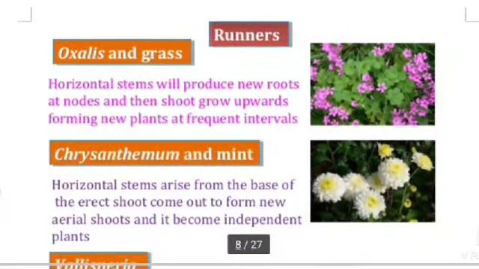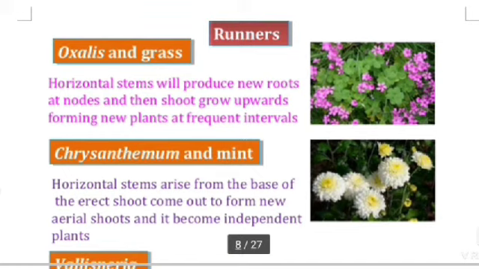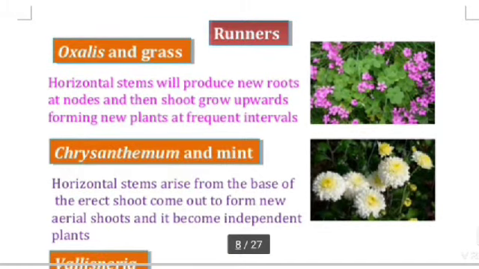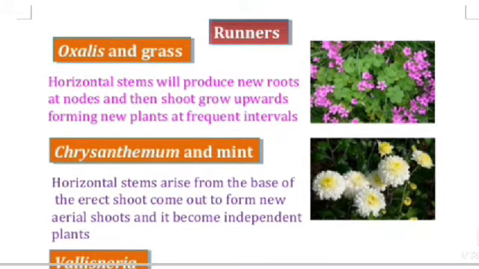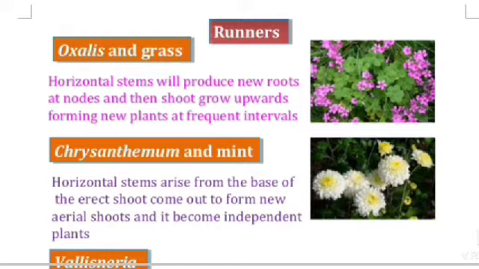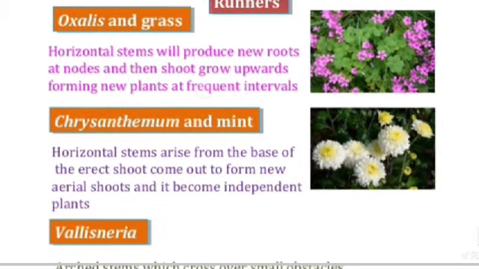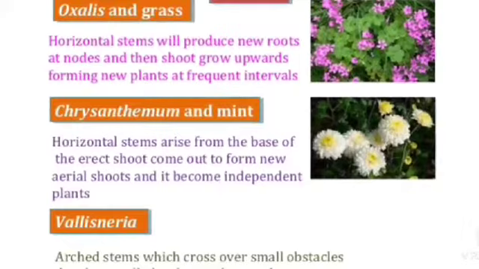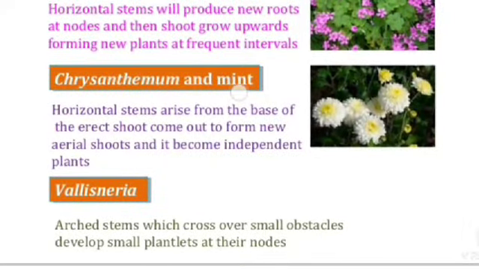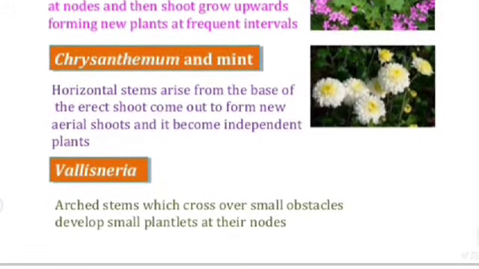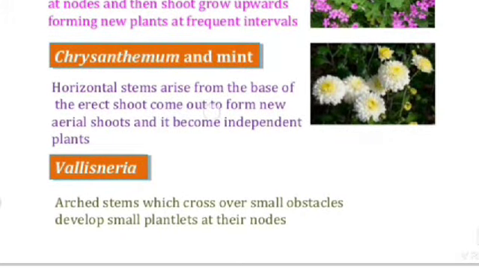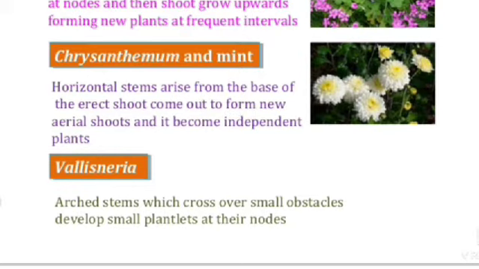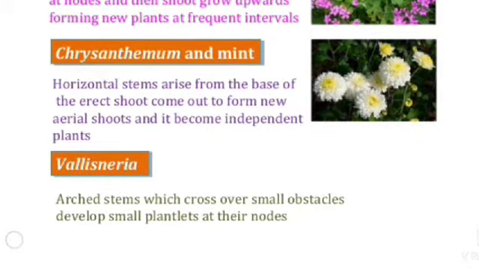Runners, oxalis and grasses: the horizontal stem produces new roots at nodes and then grows upwards, forming new plants at frequent intervals. Chrysanthemum and mint: horizontal stems arise from the base of the erect shoot and come out to form new aerial shoots, which become independent plants.